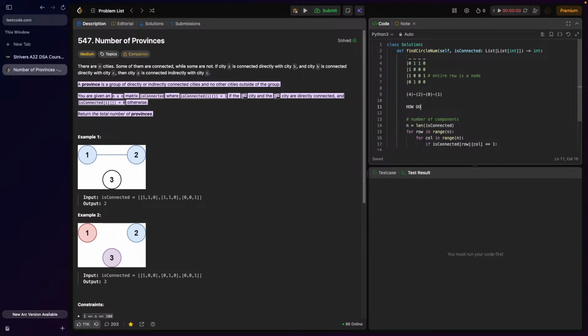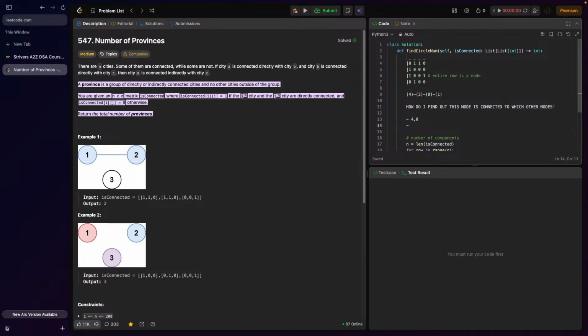How do I find out this node is connected to which other nodes? Simply put, you would realize it's 4 and 0, right?